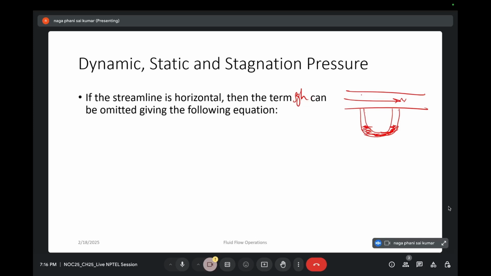So we can have rho v square by 2 plus ps is equal to pt, where this is dynamic pressure because this keeps on changing with velocity. This is dynamic pressure, this is static pressure, and this is total or stagnation pressure.